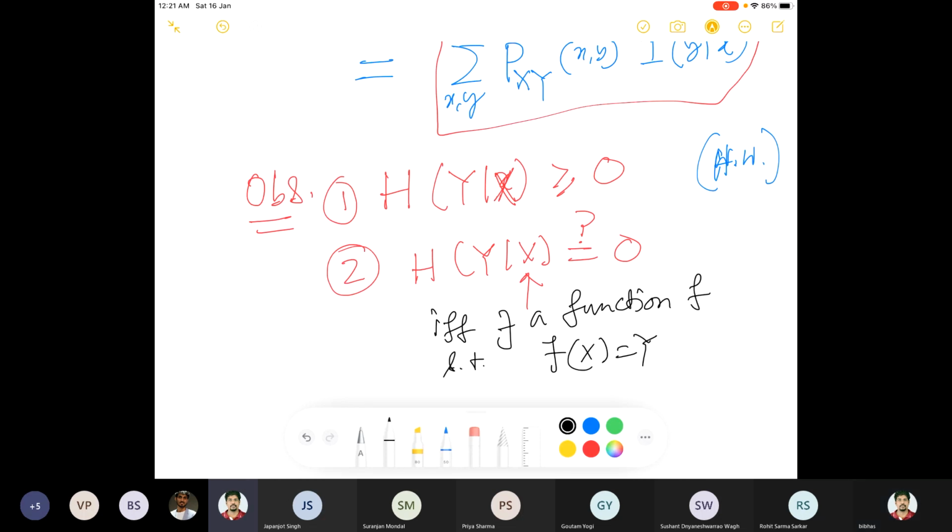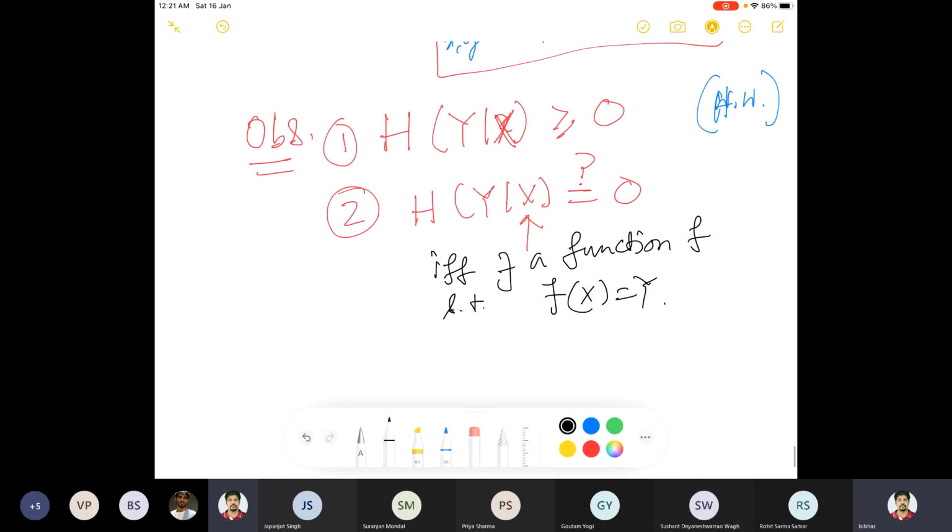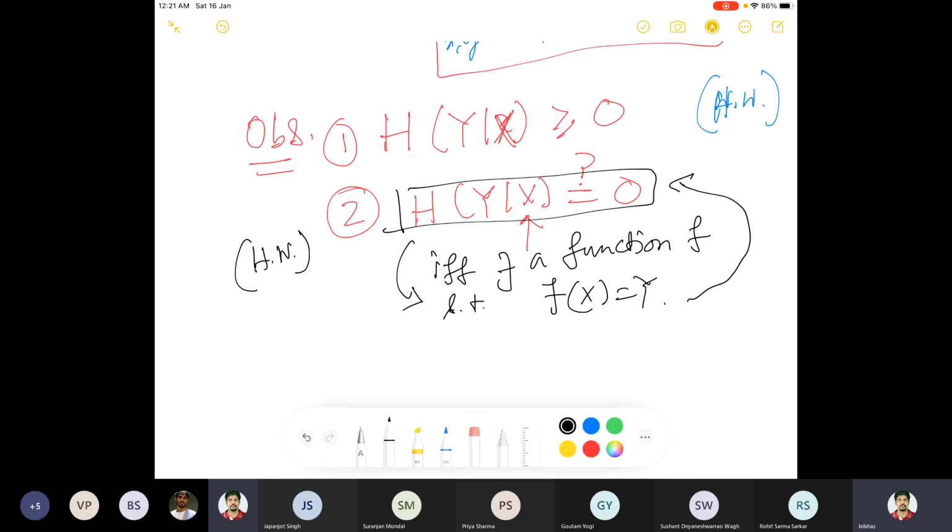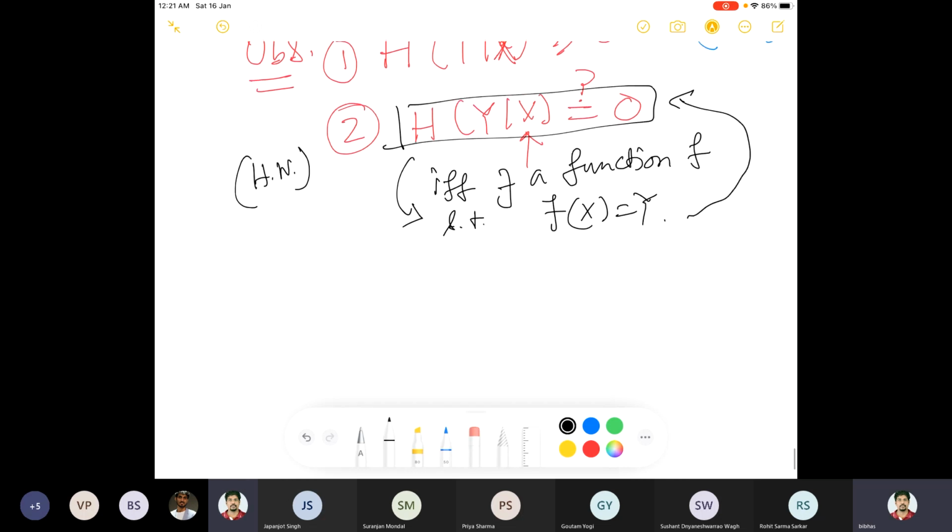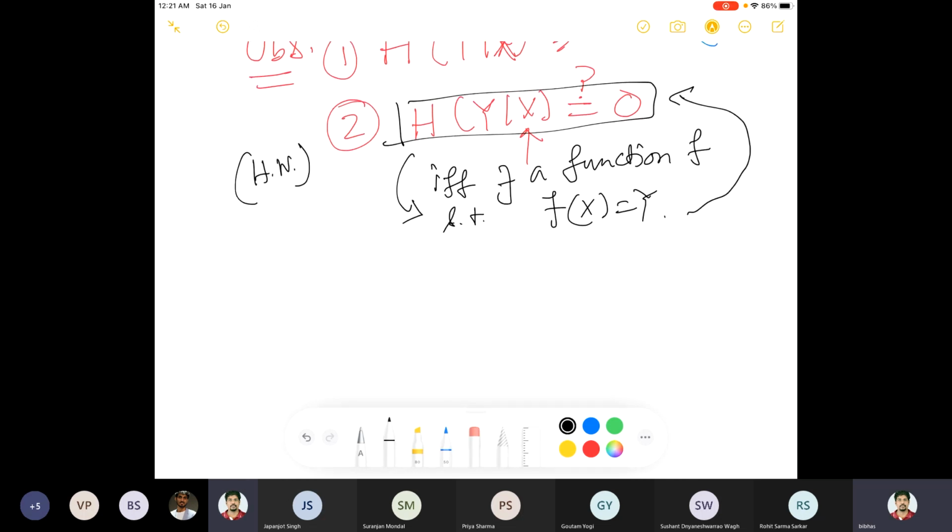So we have to show mathematically that if this is 0, then y must be a function of x, and if y is a function of x, then this is 0. This is also homework. You read the book which I referred to, you'll see all these things are there.